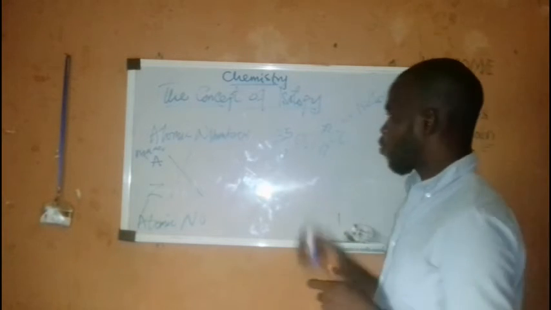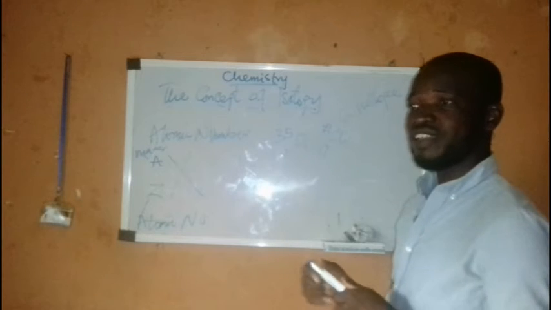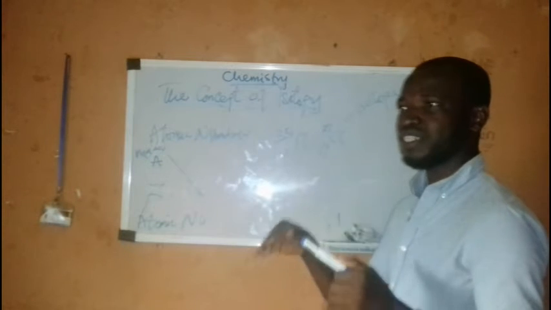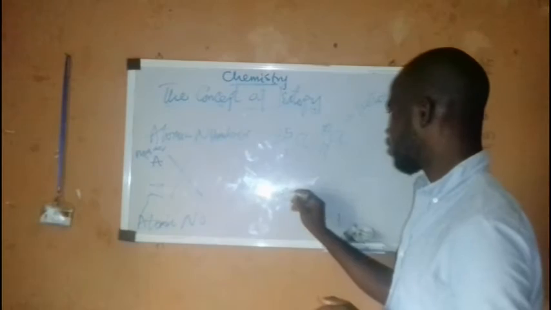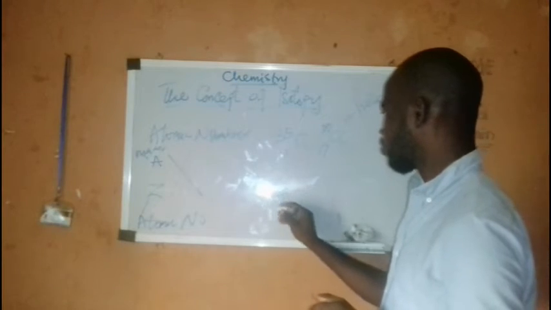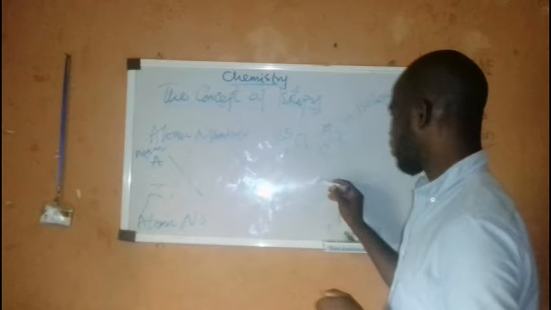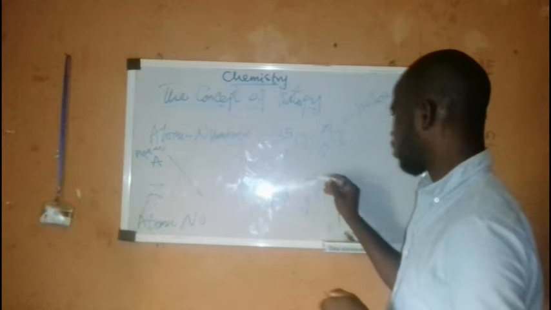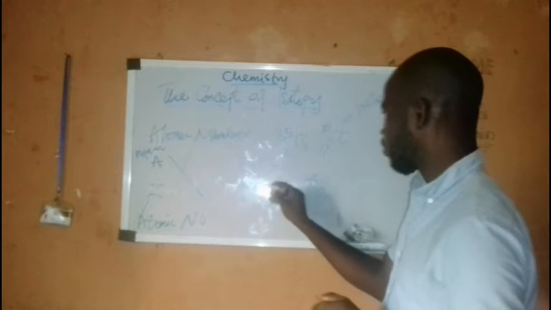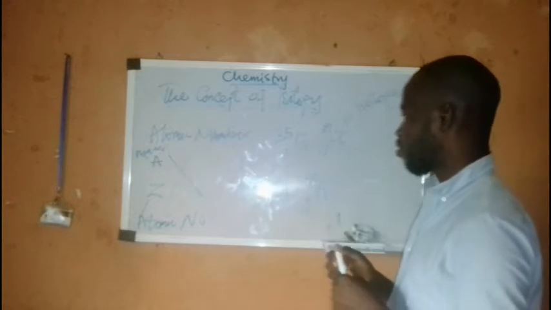But sometimes we have different atoms with the same mass number but different atomic number. Look at this. Calcium 20, potassium 19, and mass number 40. Mass number 40.